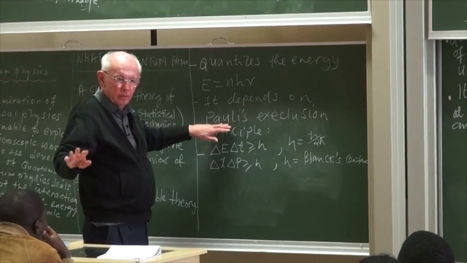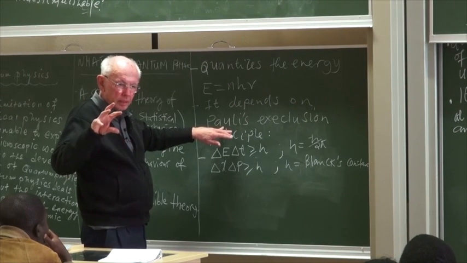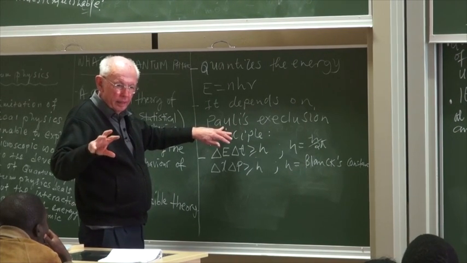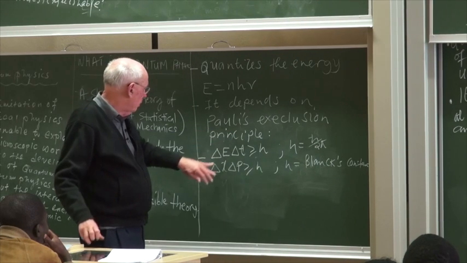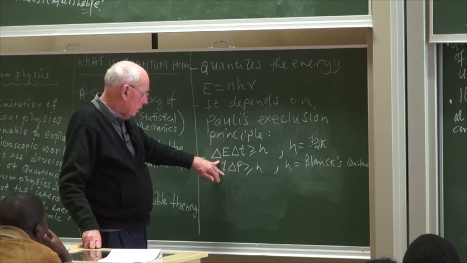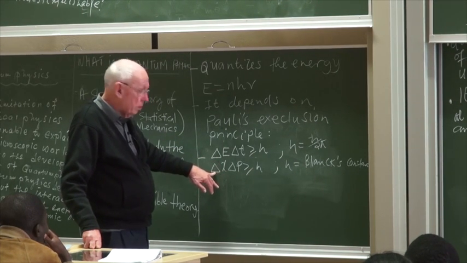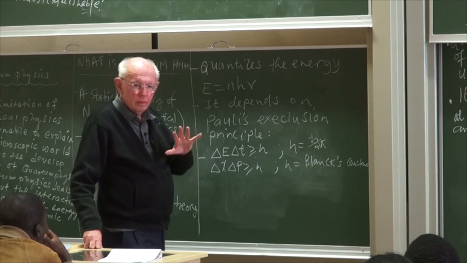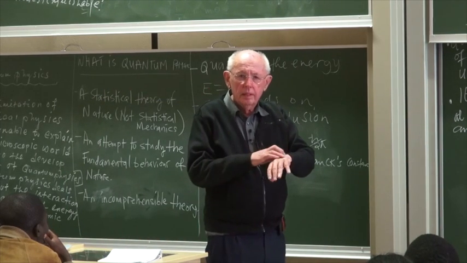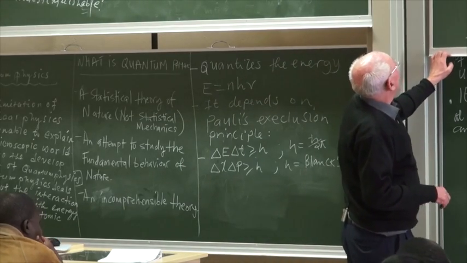This is something I talked about just now, about these particles which are identical but behave in a certain way. And this is Heisenberg's uncertainty relation. So you know what Heisenberg's uncertainty relation is? Anyway, we'll get to that.